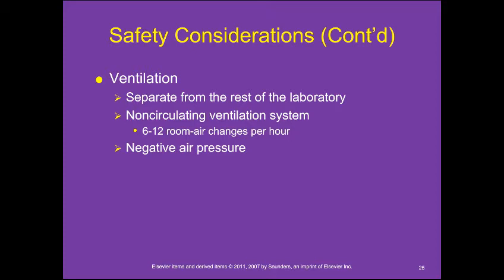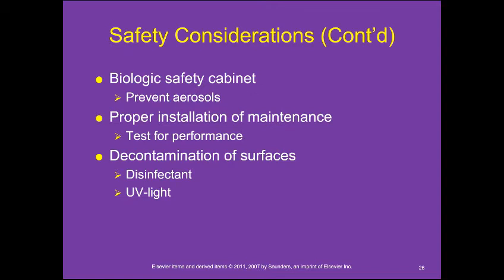Non-circulating ventilation system, 6 to 12 room air changes per hour, so it should be at negative air pressure. No air shall come in, no air shall come out. Biologic safety cabinet to prevent aerosols, the biosafety cabinet 2A that I'm talking about.